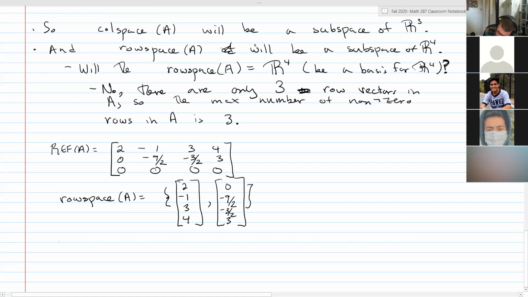And so now I'm going to define what that row space is geometrically. It's not really geometric, but how do we define this row space? This row space is a 2-dimensional subspace of R4.